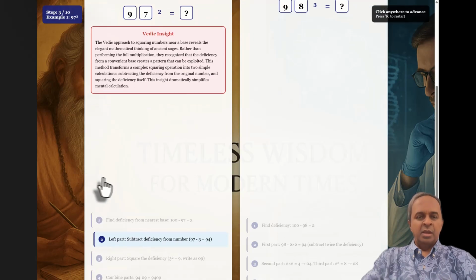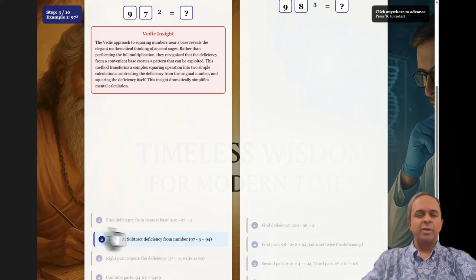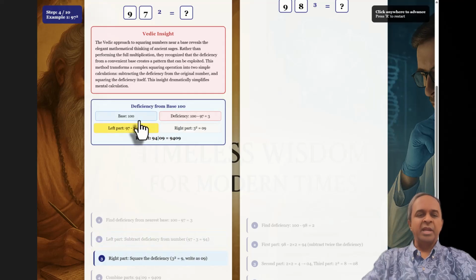So we know the deficiency is 3. For the left part, you subtract the deficiency from the number. So 97 minus 3 is 94. Again, base 100, deficiency 3, the left part is 97 minus 3, which is 94.